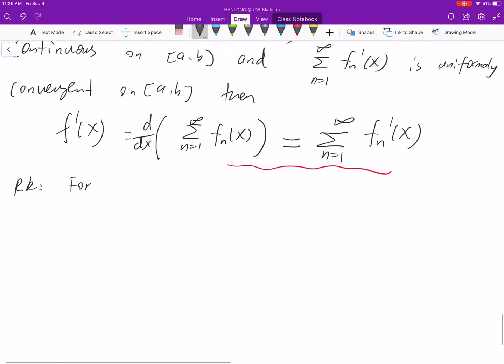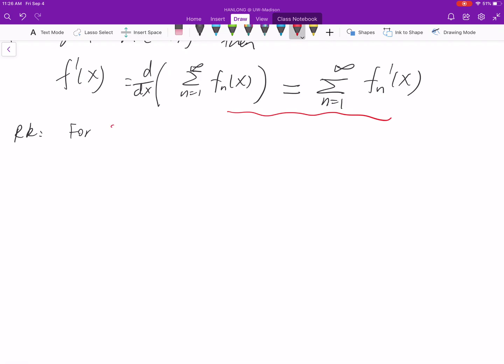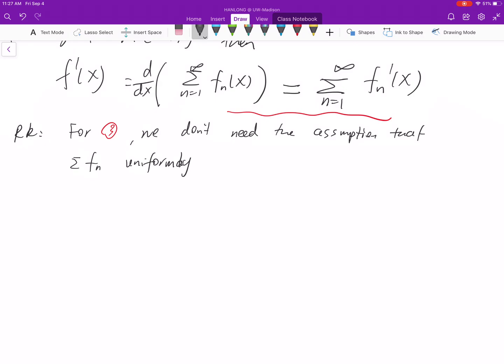But for the second part, for 3, we don't need the assumption that the summation of fn converges uniformly to f.